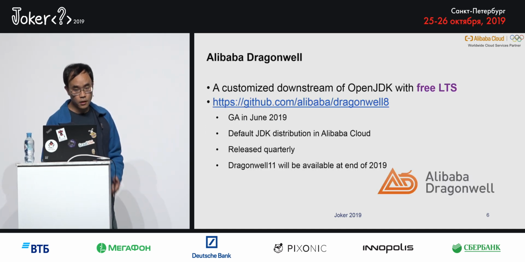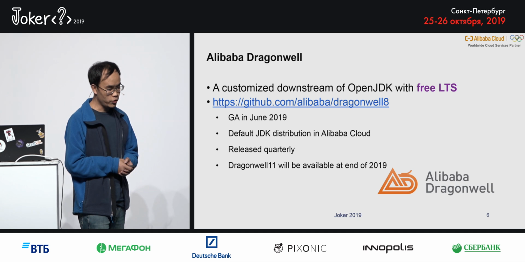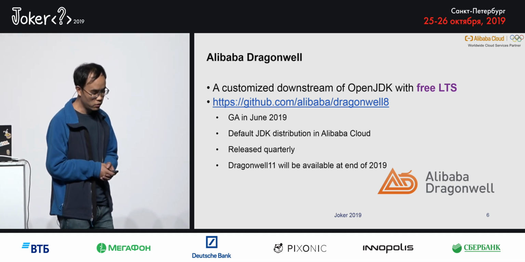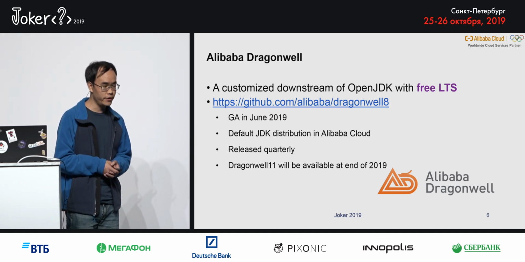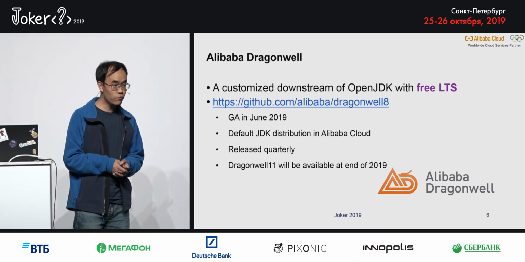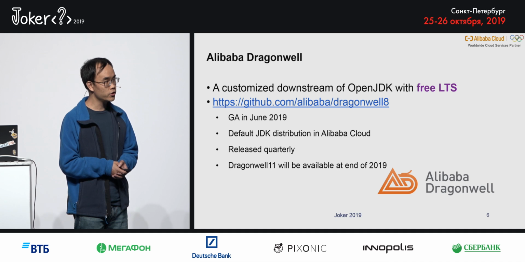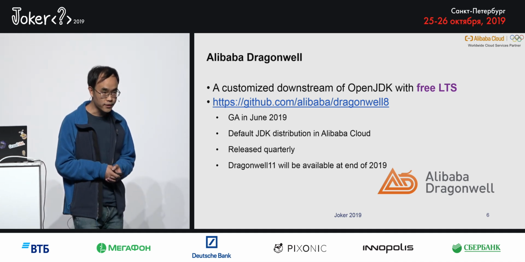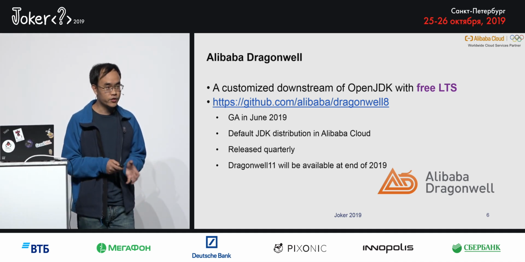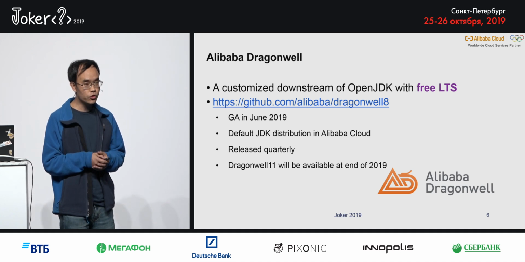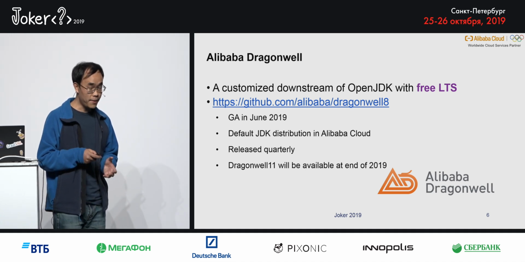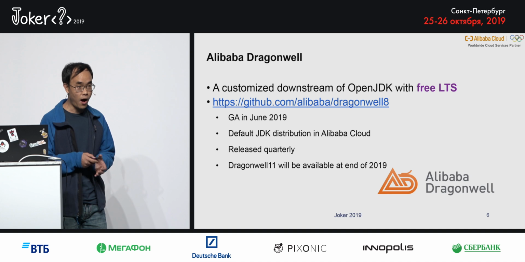This is a general introduction about Alibaba Dragonwell, which has been open sourced this year. What does Dragonwell mean? The Chinese translation of Dragonwell is Longjing, which is a symbol of Chinese tea culture and happens to be a characteristic of Hangzhou.